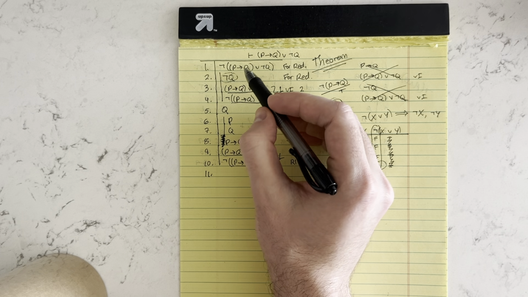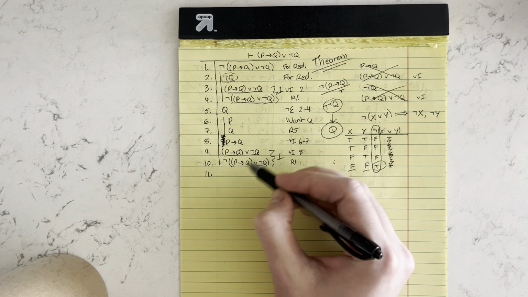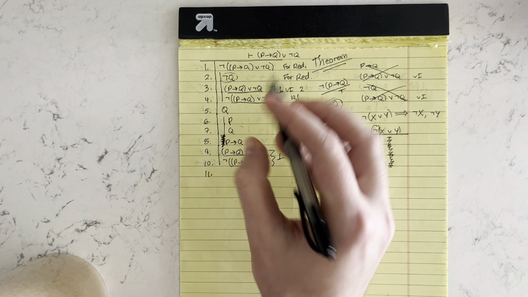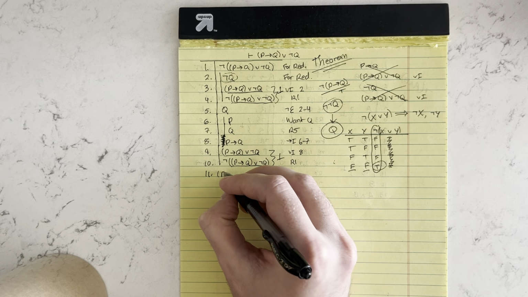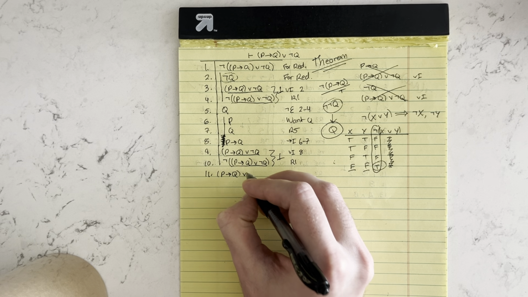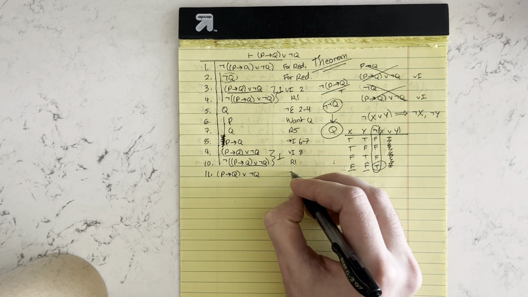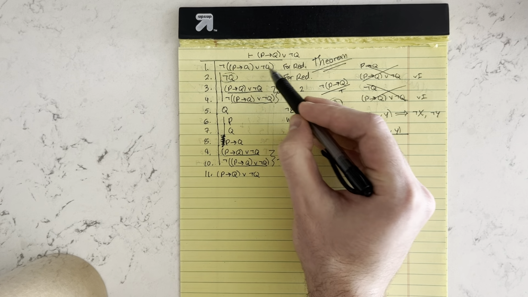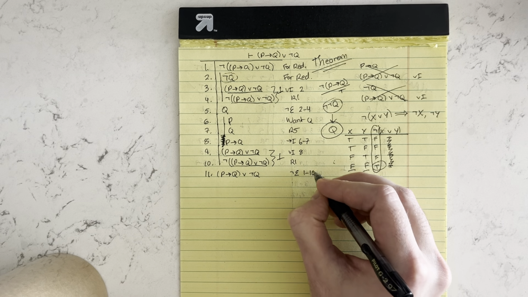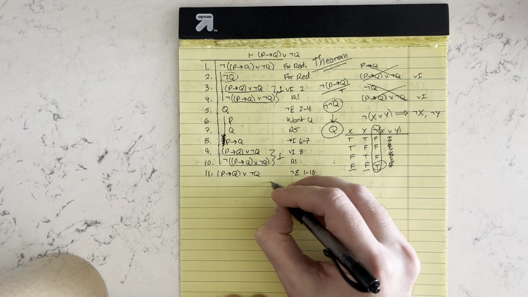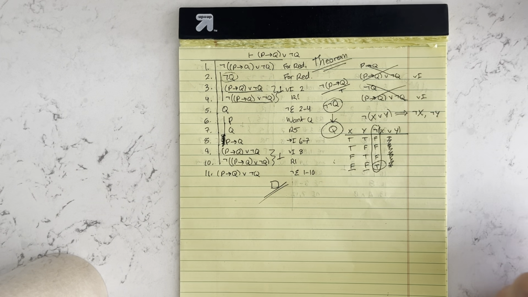Because if it is, we get this big contradiction down here. So that allows me to take the negation off this sentence in line 1 and write my result. And I took the negation off the sentence in line 1, right? So that's negation elimination, 1 through 10. And that concludes the proof right there.